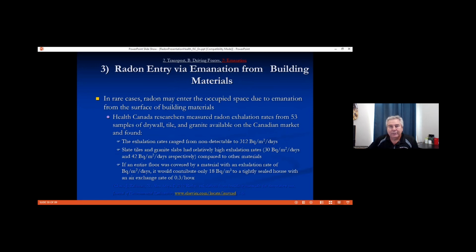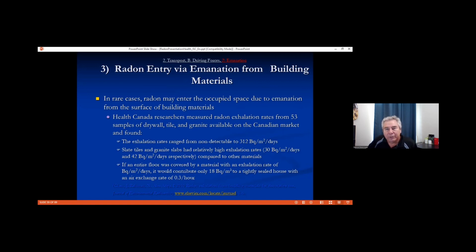Emanation. Emanation essentially is radon coming right off the surface of a material. So here we could be talking about granite countertops. You may have fireplaces with field stones. You may have something in the concrete itself where the stone used contains a lot of radium, etc. Usually these materials do not create a major radon issue in the home.